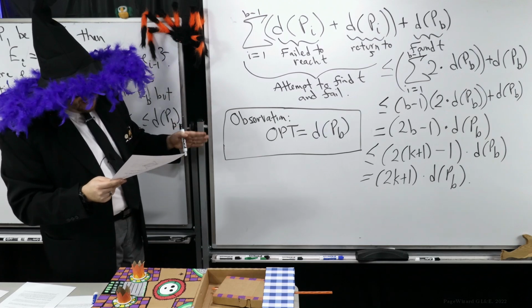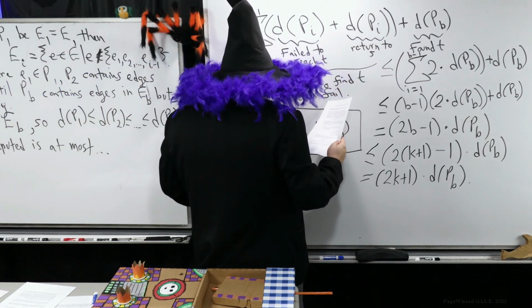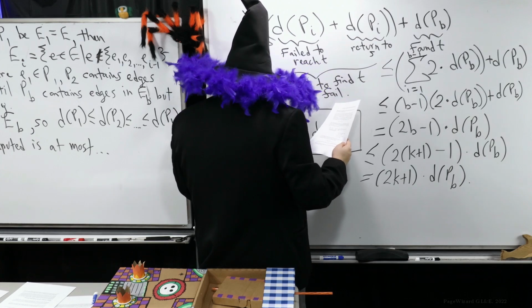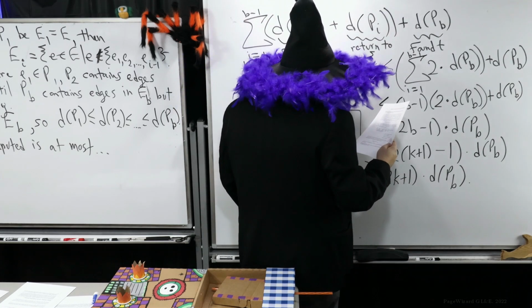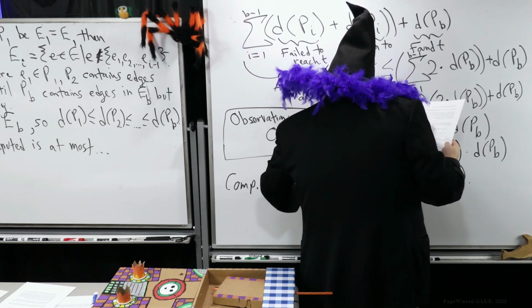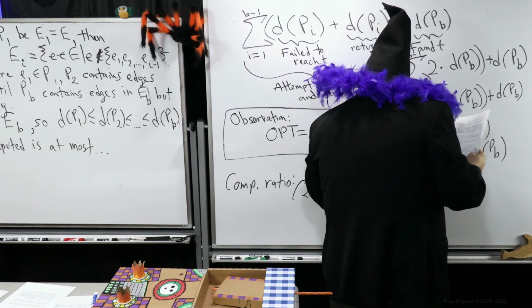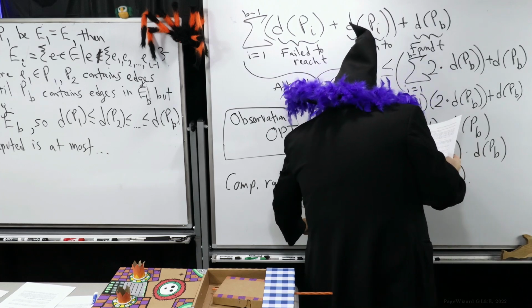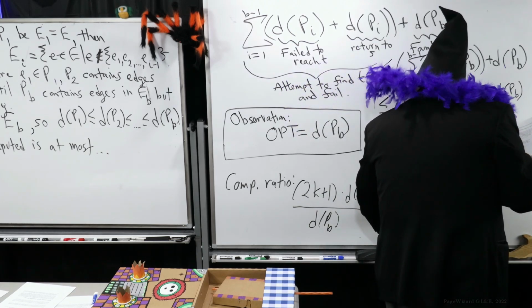But here's the catch. That means that the competitive ratio has to be as follows. It's 2k plus 1 times dpb over dpb, which is exactly equal to 2k plus 1.